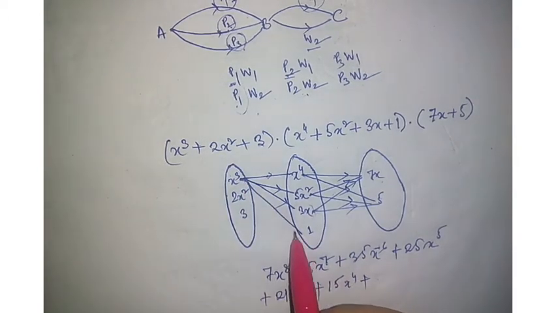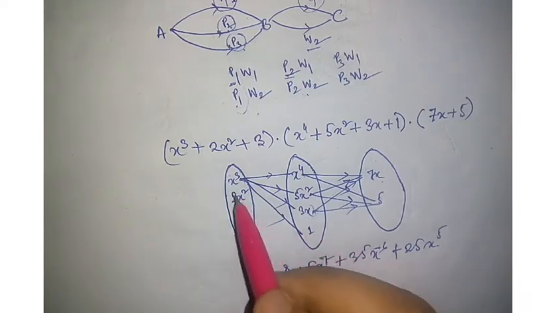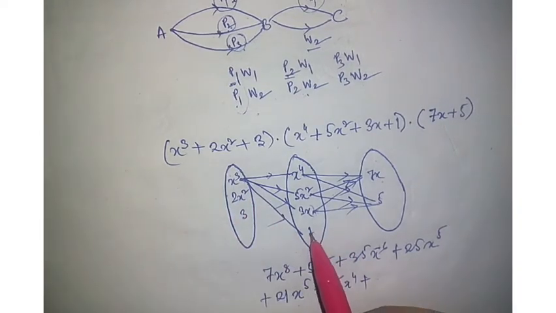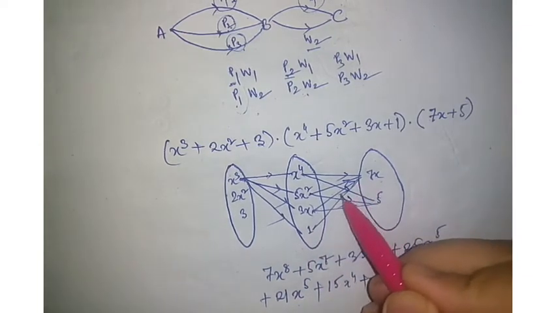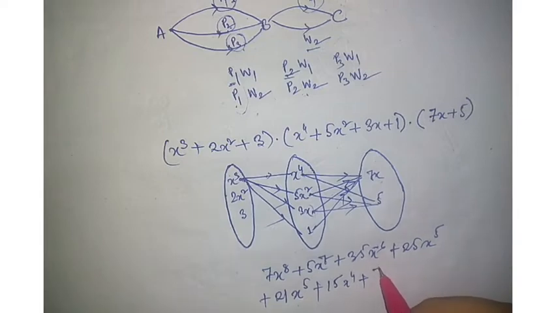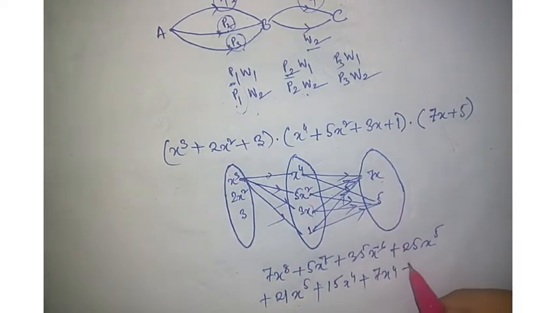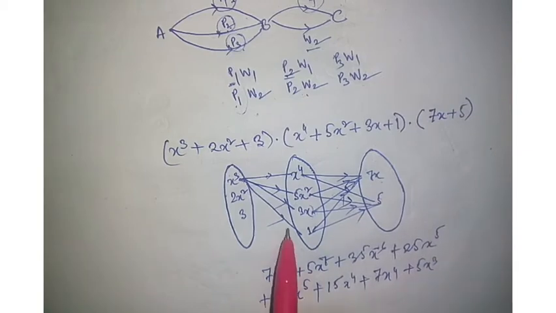I will switch to the next alternative, that is this. I can combine it with this path, that is x to the power 1, and then I can choose this one, that is x, 7x to the power 4, or I can choose this, that is 5x cube. Now all these alternatives are again exhausted.